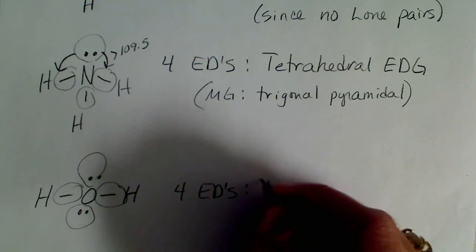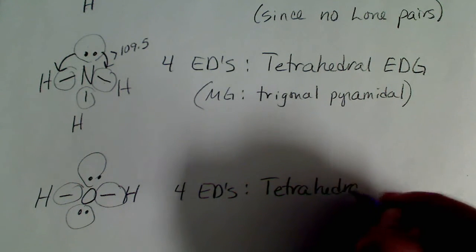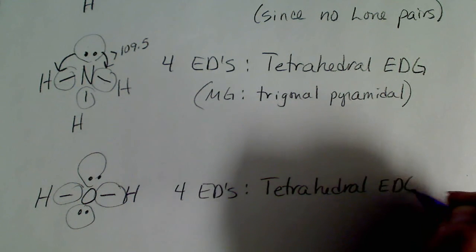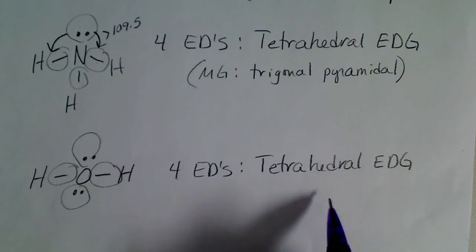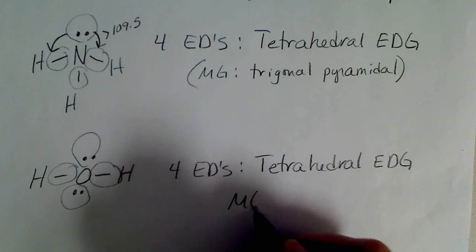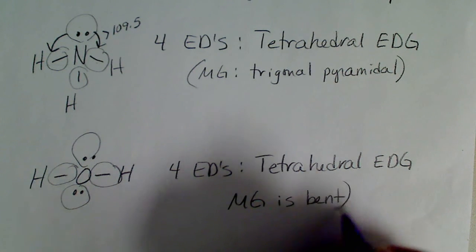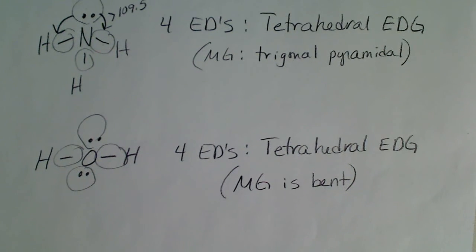So this has a tetrahedral electron domain geometry. And you may remember the molecular geometry of this molecule is bent.